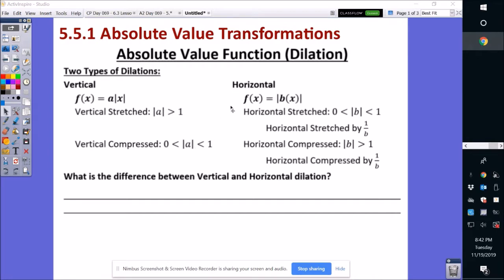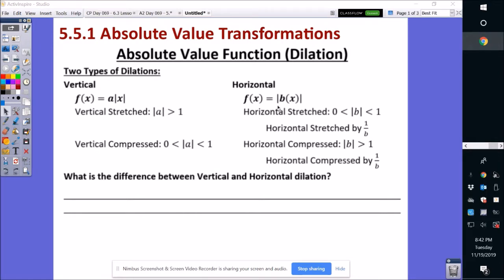Now let's look at horizontal. The form for horizontal dilation is f of x equal the absolute value of b times x. So for horizontal, the number value of b is located inside the absolute value lines, but it's in front of x.